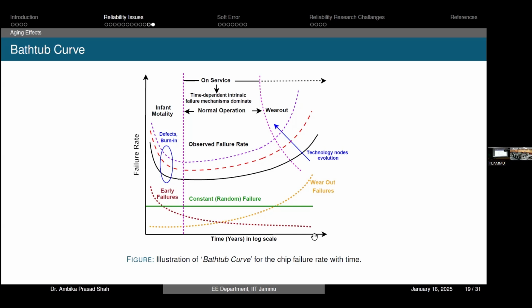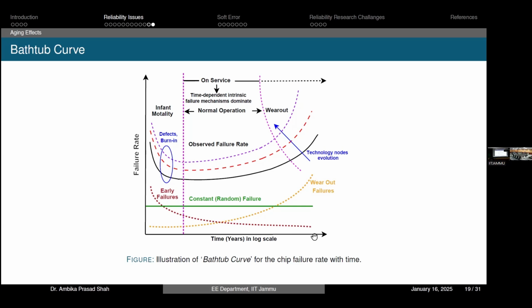So this probability keeps on increasing as your transistor has evolved, like the more recent technology you have used. So this bathtub indicates the relation between infant mortality, wear out failure, and the impact of different technology nodes, and how it can be related to the overall failure probability or failure rate.